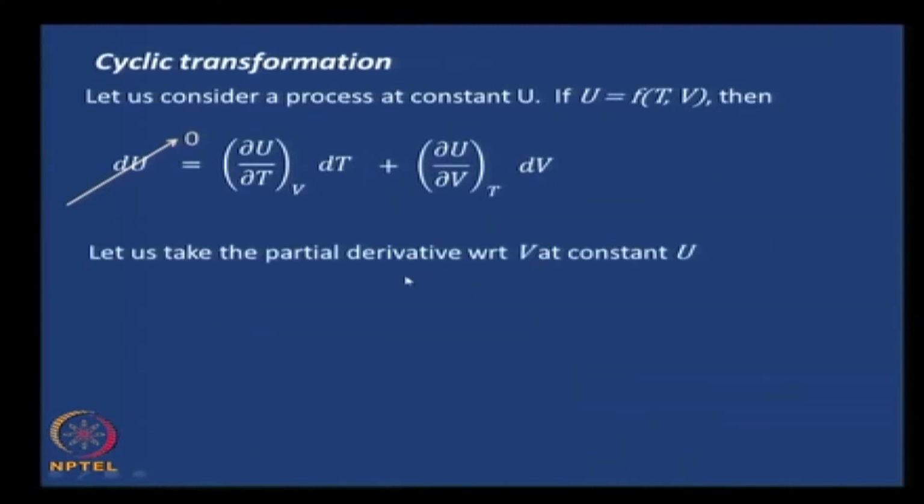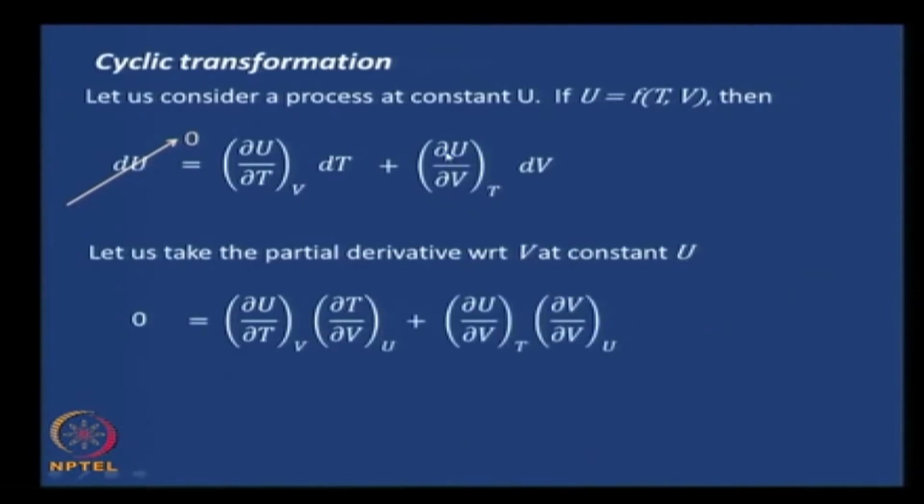Now, if we take the partial derivative with respect to v at constant u, then the 0 stays 0, that is a constant, and it equals dou u dou t at constant v times dou t dou v at constant u, note that we are taking the derivative with respect to v at constant u, plus dou u dou v at constant t dou v dou v at constant u.